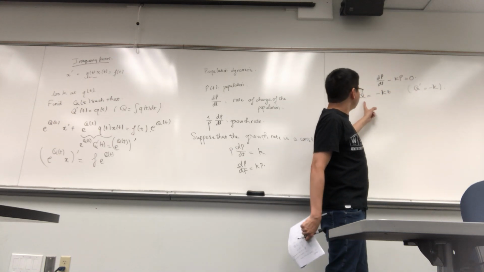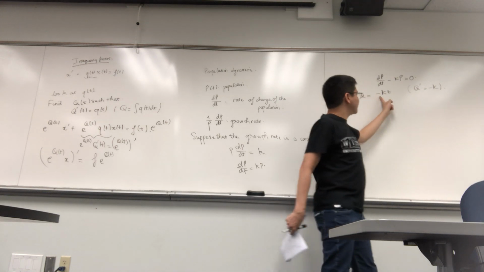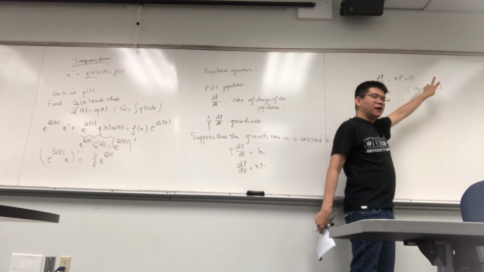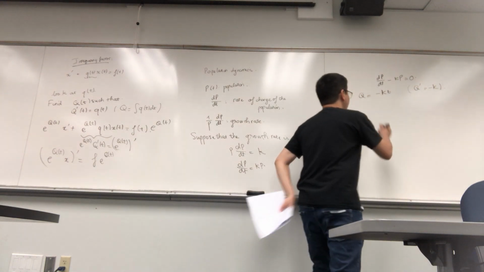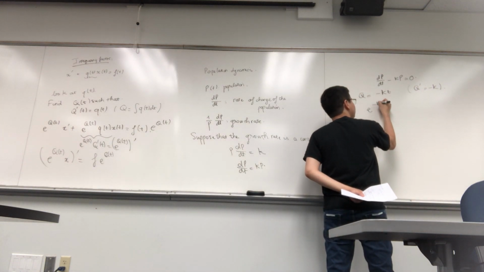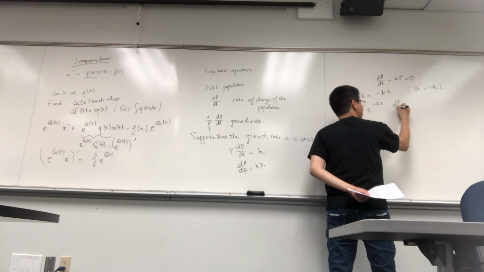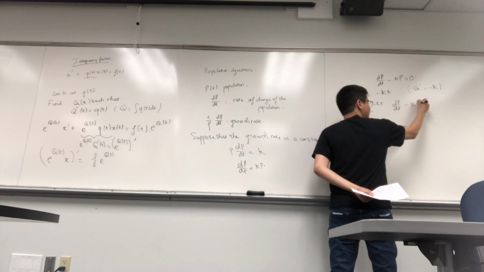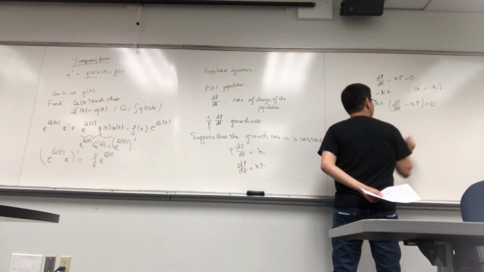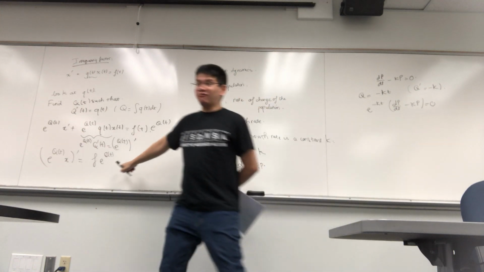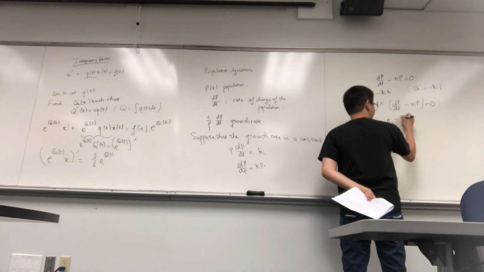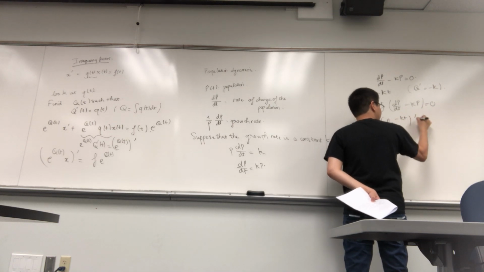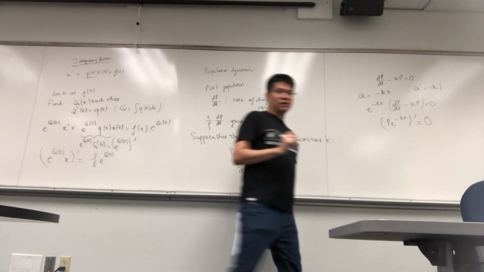So you multiply both sides by e to the minus kt, with dP over dt minus kP equal to 0. Now you apply this formula, and you get (P e^(-kt)) prime is equal to 0.